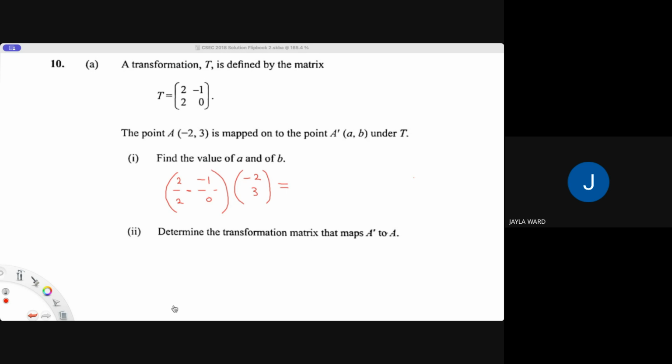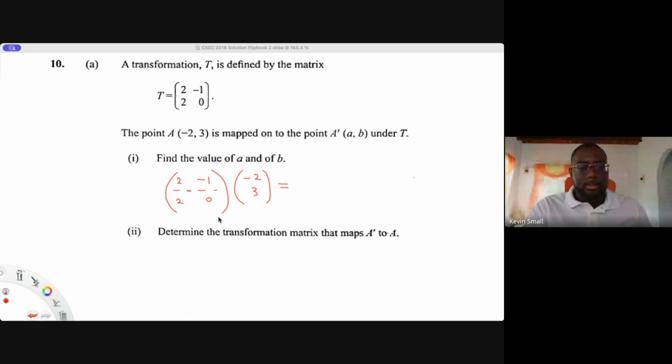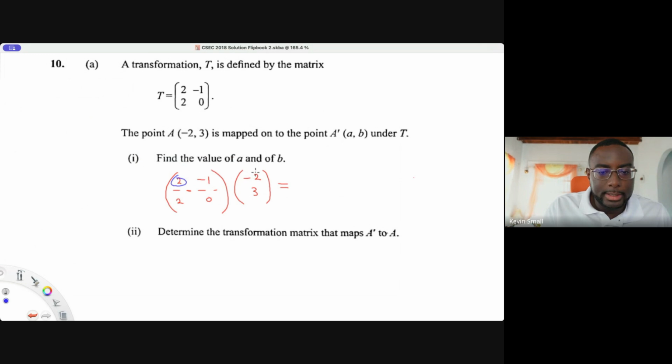-7 at the top and -4 at the bottom. And that is correct. So let's go through this here quickly. So again, row by column. This 2 over here is going to multiply this negative 2 first.